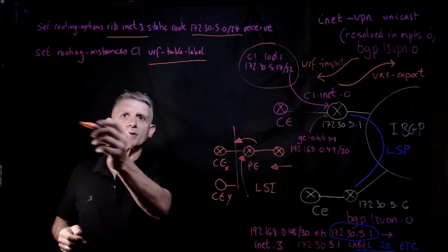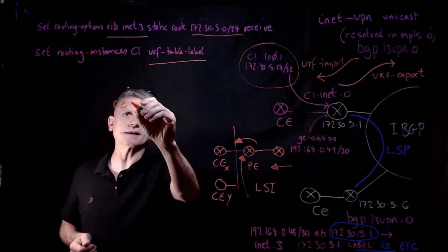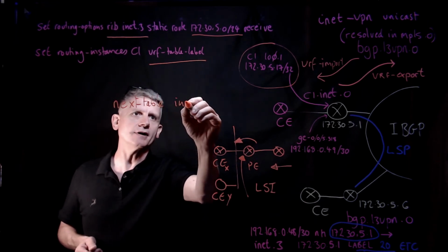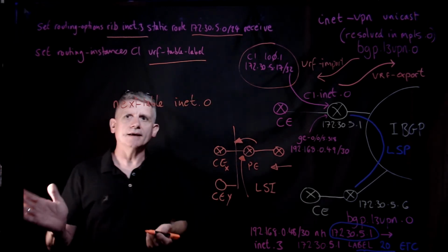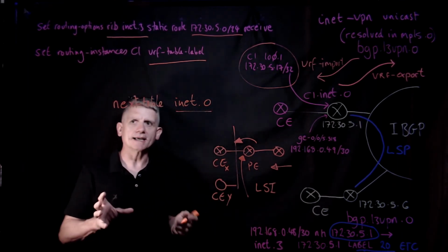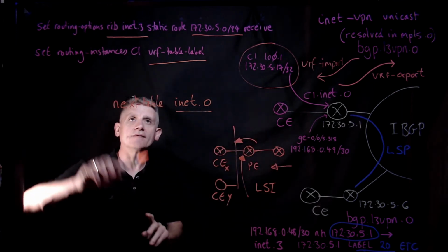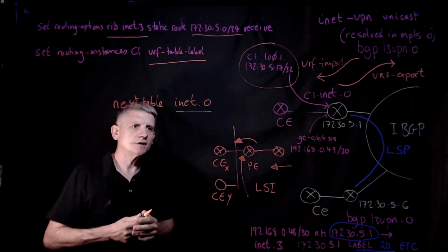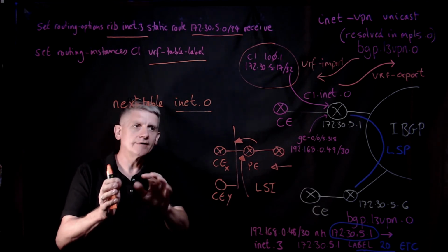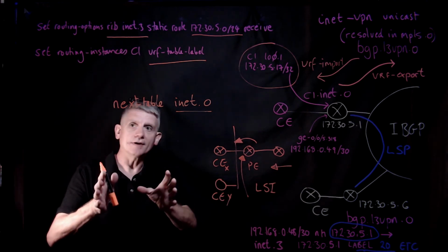There's something coming up where we're actually going to push a route into basically a next table inet.0 scenario where the next hop of the route is a different table, and again for the same reason we need to have that route decision point there, and that's what VRF table label's for. So it removes the idea of just a single interface per label and puts the label on the VRF.